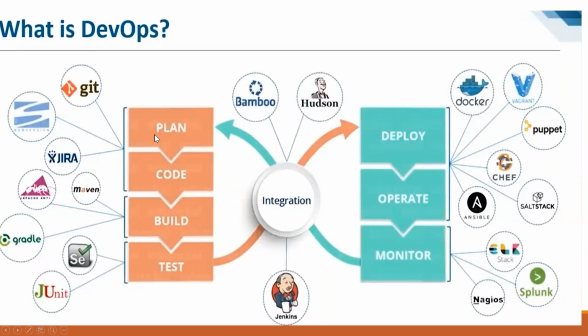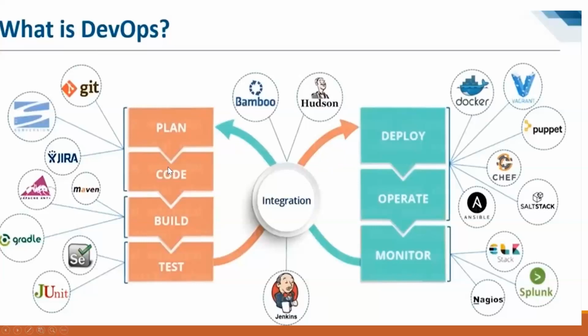What tools are used for CI/CD integration? We can use Jenkins, Bamboo, Hudson, GitLab, GitHub. The stages are plan, code, build, test, deploy, operate, and monitor.